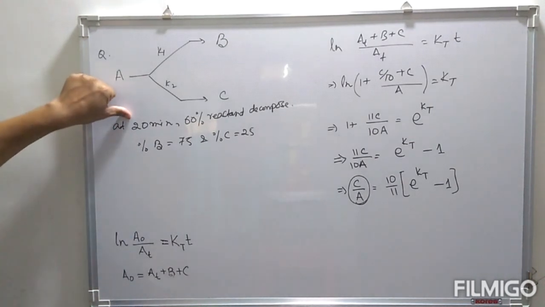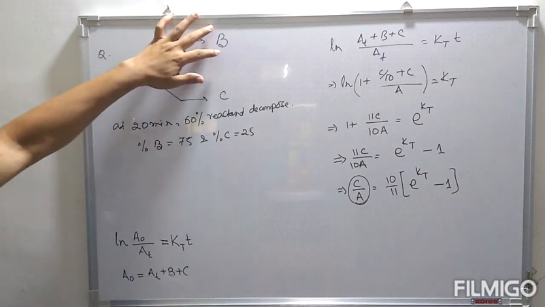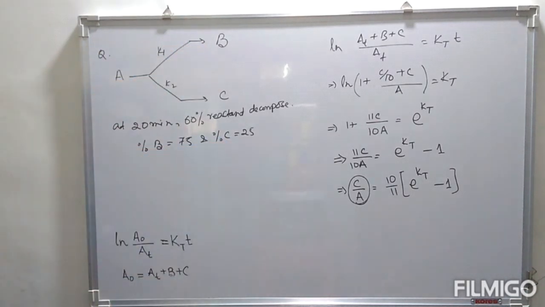That means at this 20 minutes when 60% of A has reacted, the quantity of B and C present is 75% and 25%.